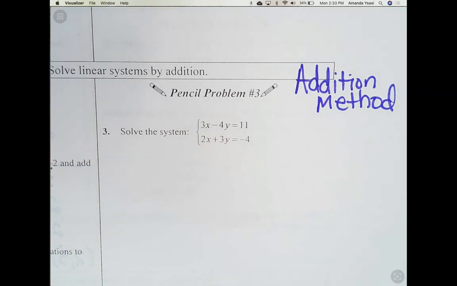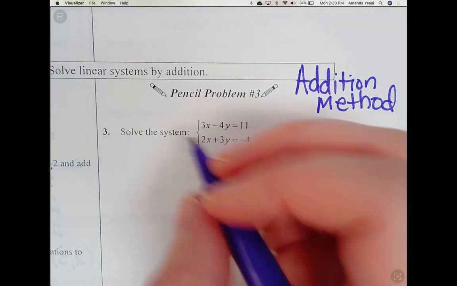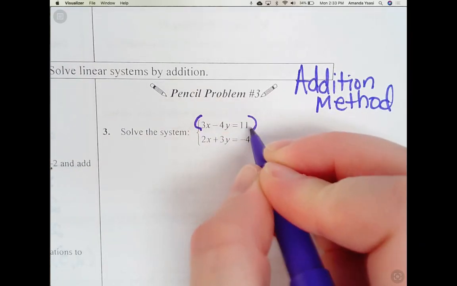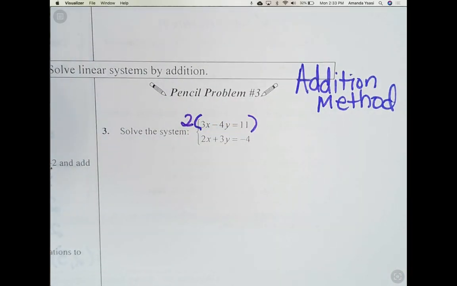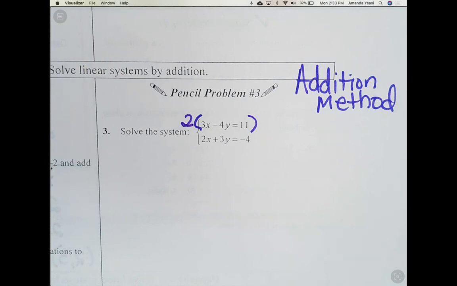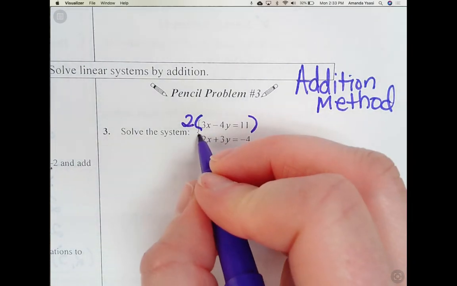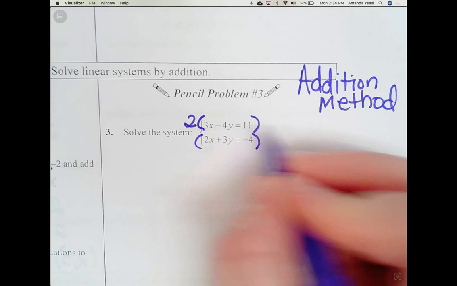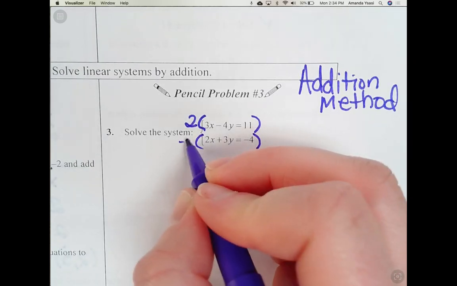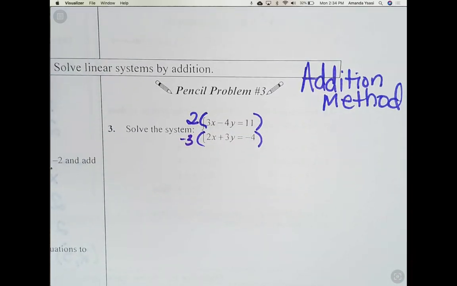Does anybody remember this? Okay, what do you want to multiply by? What's your goal? To have 6 and negative 6, that's right. So multiply this by 2 all the way through, and this one by negative 3 all the way through.